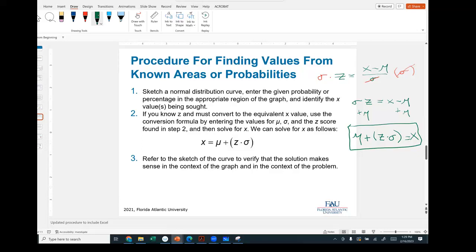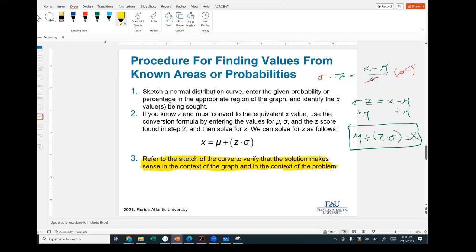If you know the Z-score, you must convert it, as I just showed you. Refer to the sketch of the curve to verify the solution makes sense in the context of the graph and in the context of the problem. This is something you should always get into the habit of anytime you're doing word problems, because sometimes people write things down that don't make any sense. It's either because they don't know how to do the problem and so they get the wrong value, or they don't even understand what kind of value they should get.